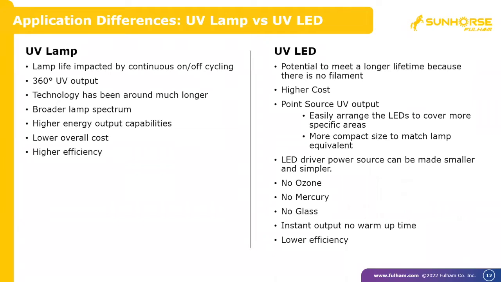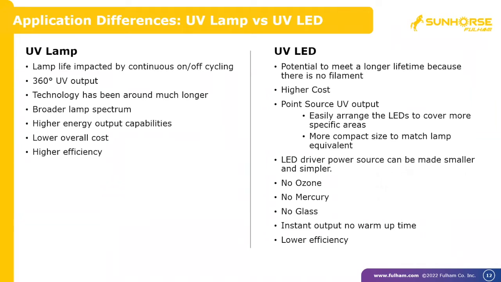Now, with UV lamps, the positives you get are the fact that they're not limited in the UV spectrum that they can achieve compared to an LED. UV lamp technology has been around forever, much, much longer than UV LEDs. UV lamps can achieve much higher energy outputs compared to today's LED technology.